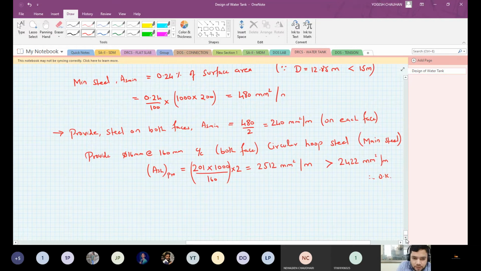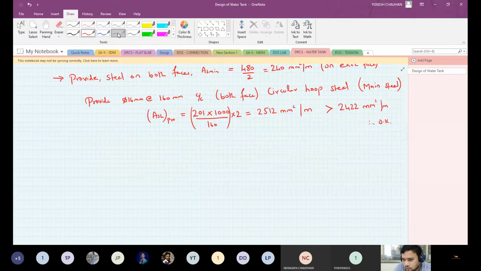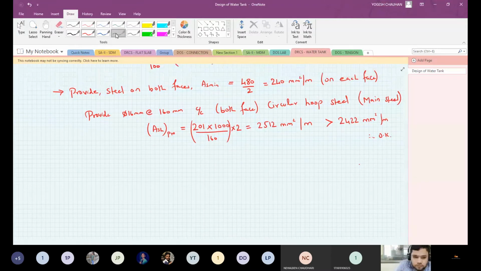Next, this is the main steel. Hoop steel, which is also the main steel.